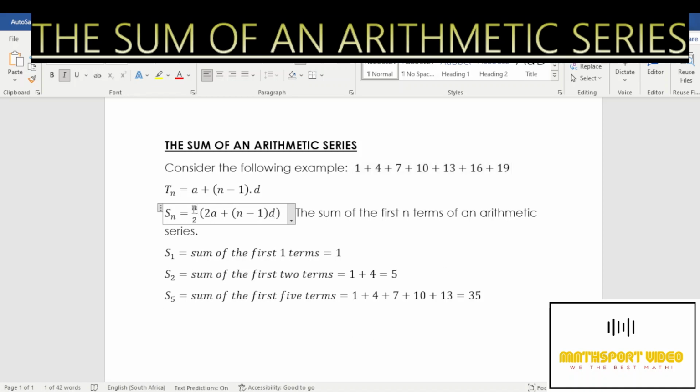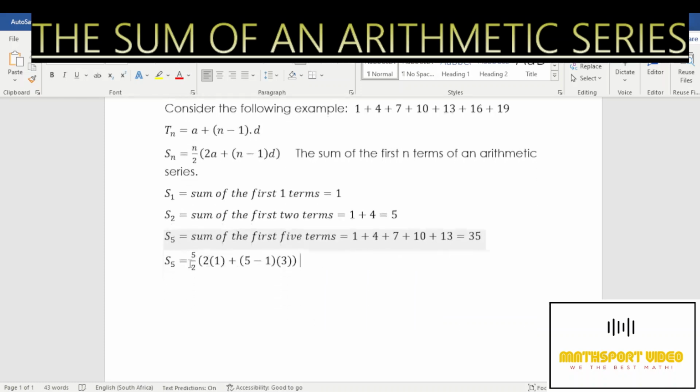And n is going to represent how many terms we would like to add together. So for instance, let's work out S5 using this formula. If I want to change this to S5, I'm going to make that n become a 5, and this n become a 5. The a value is 1, so I'm going to replace that with 1. This n is 5 because it's 5 terms, and the d here is your difference, which is 3.